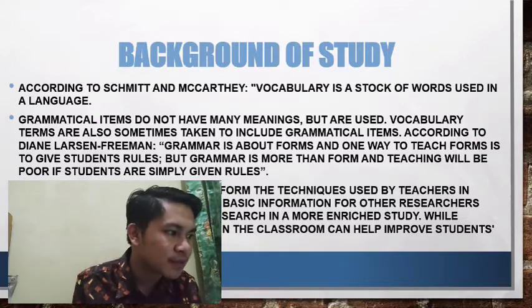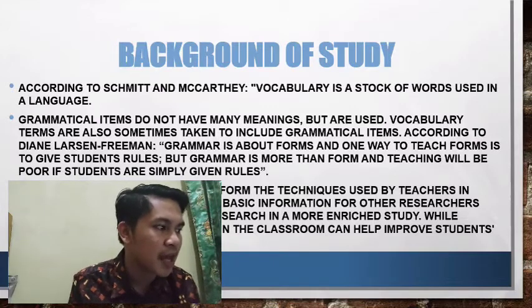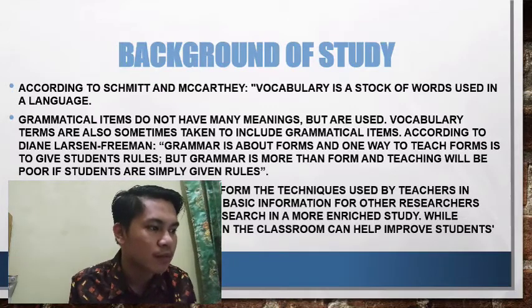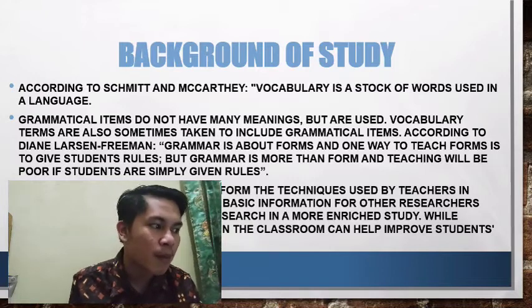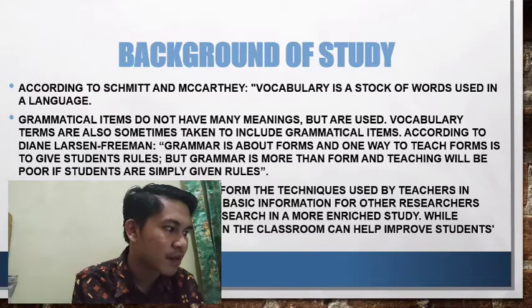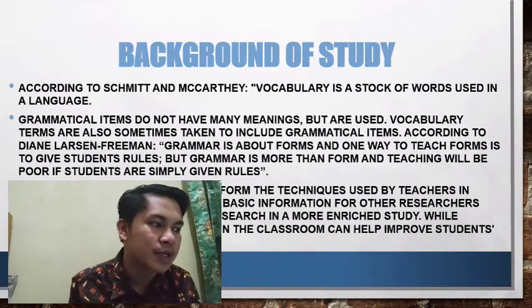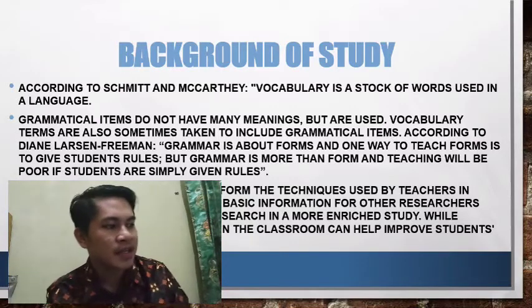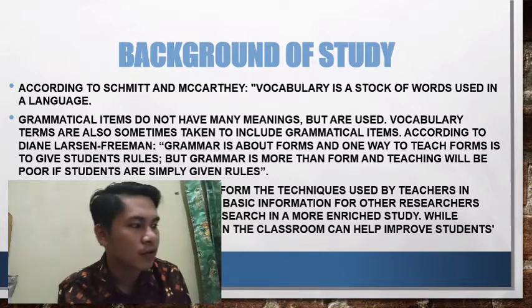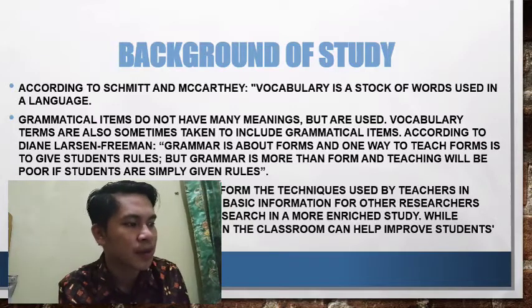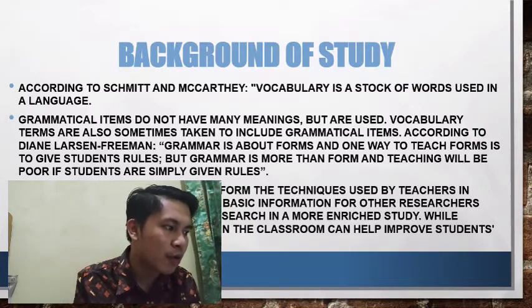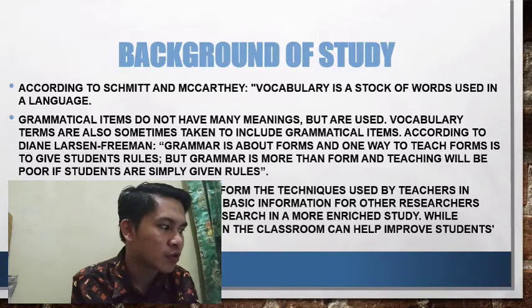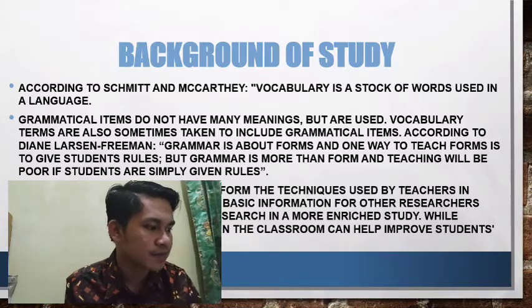According to Daniels and Freeman, grammar is about prompts, and one way to teach prompt is to give students rules, but grammar is more than prompt, and teaching will be poor if students are simply given the rules. So we know in the second grade of junior high school, students should be introduced to some basic topics of grammar. Grammar consists of prompts and rules.